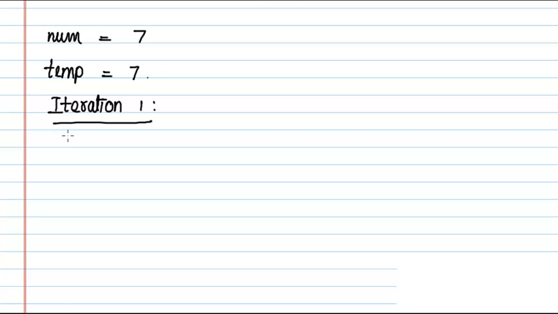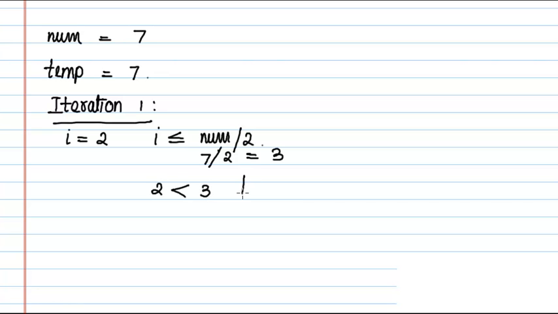Here the value of i is initialized to 2, and then we have to check the condition if i is less than or equal to number divided by 2. The number entered by the user is 7. When 7 is divided by 2, we will get the result as 3. So when i is compared with 3, that is, 2 is less than 3.